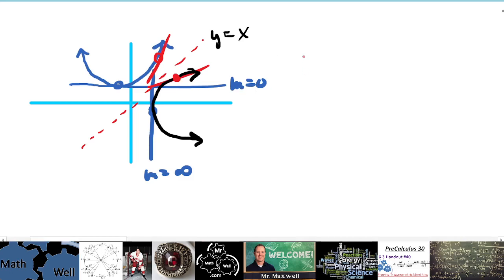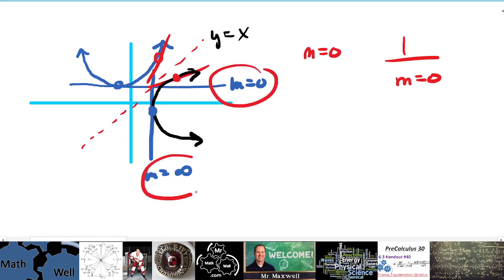So if m is 0, the slope of the inverse is 1 over m equals 0. See? Here's 0, and here's 1 over 0. This one's going to be something like 5 over 4 for a slope. This one will be 4 over 5. So it's always going to be the reciprocal.